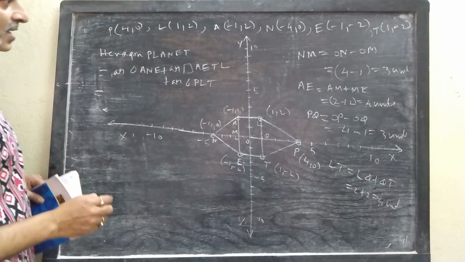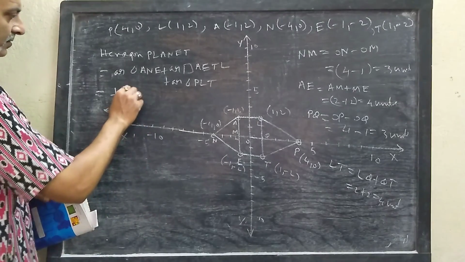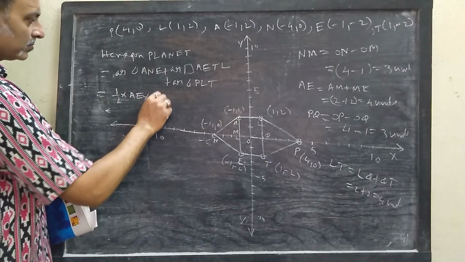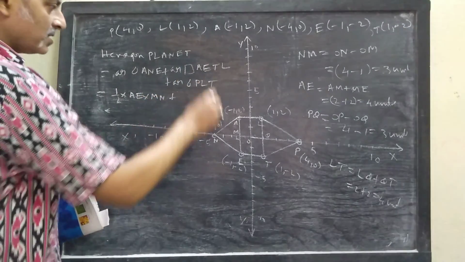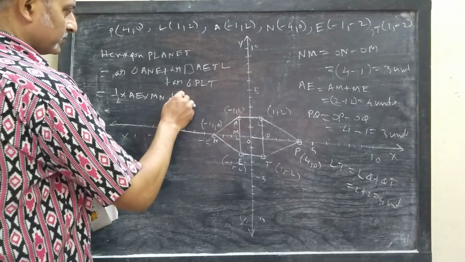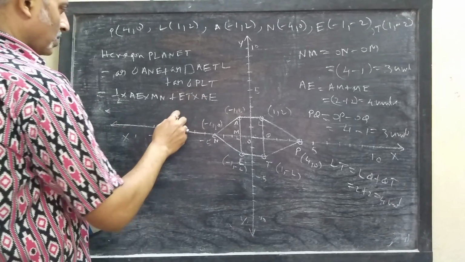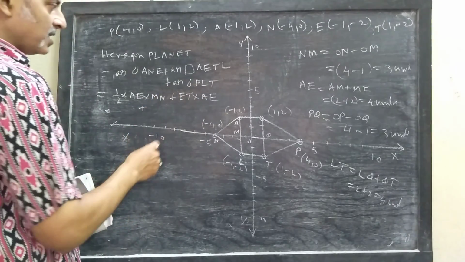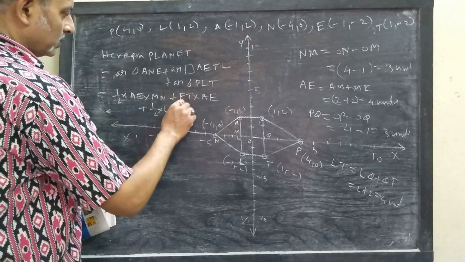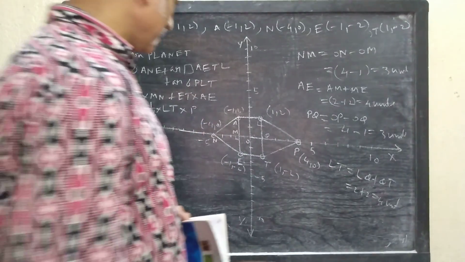Now, the area of triangle ANE, you can write it as half into base AE into altitude MN, plus this rectangle, its area will be ET into AE, plus area of triangle PLT, this will be half into LT into PQ.